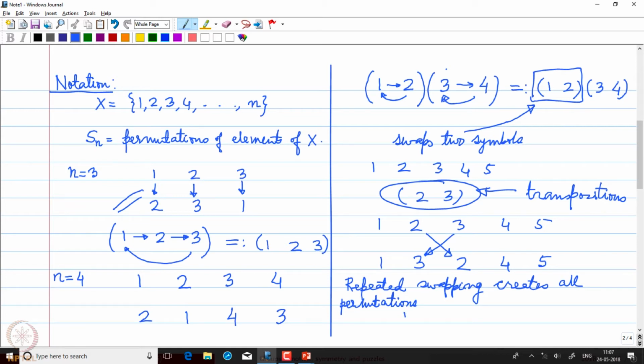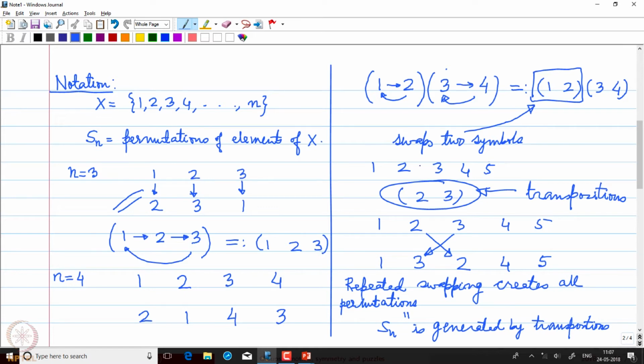In other words, the way we say it in the language of group theory, Sn is generated by transpositions.